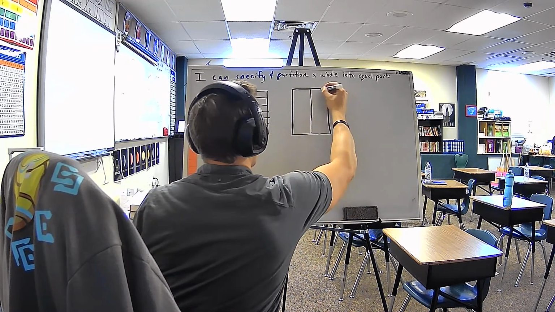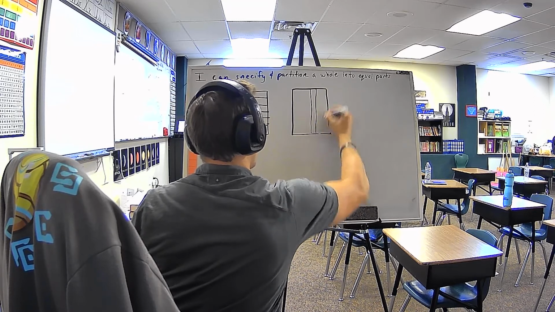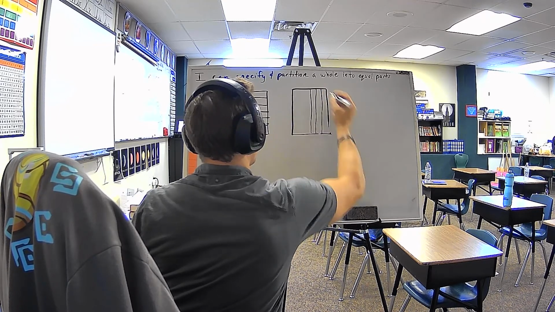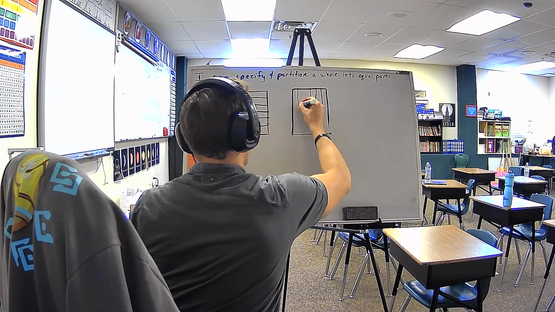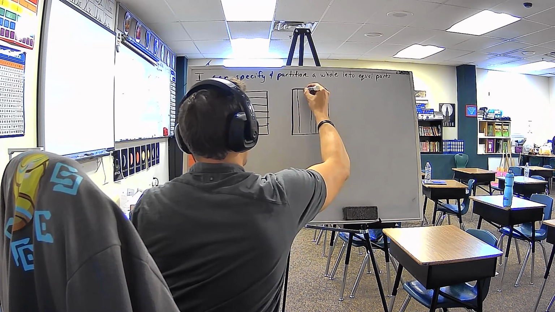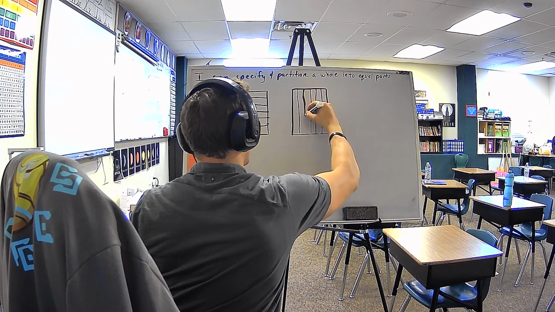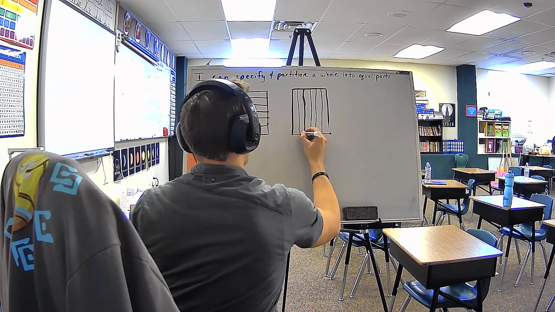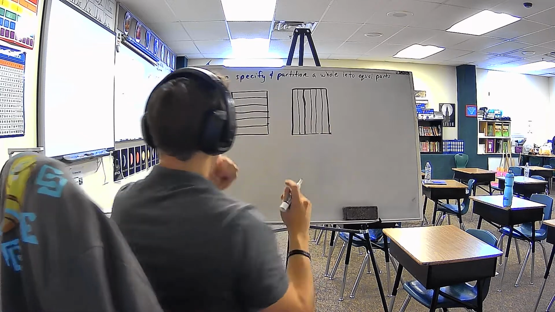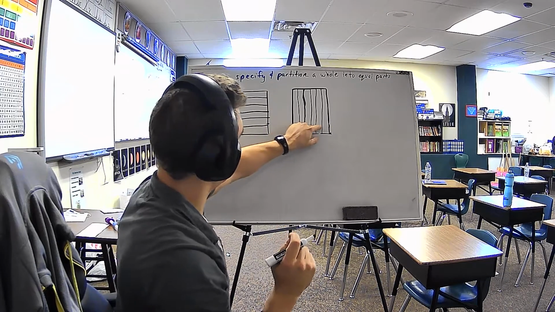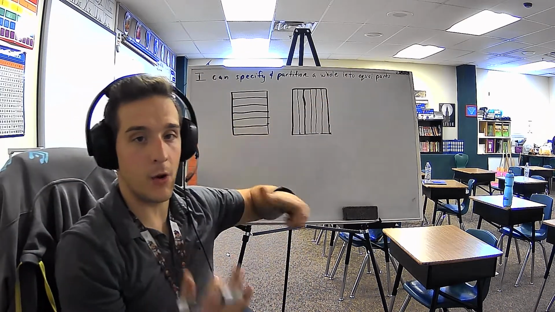Once again, human error is a thing, but I will do it to the best of my ability without making a larger mistake. Ooh, my goodness, that was not a straight line. Without making a larger mistake than necessary. Cutting it like that. There you go. And now you have 1, 2, 3, 4, 5, 6 equal parts to make a whole.